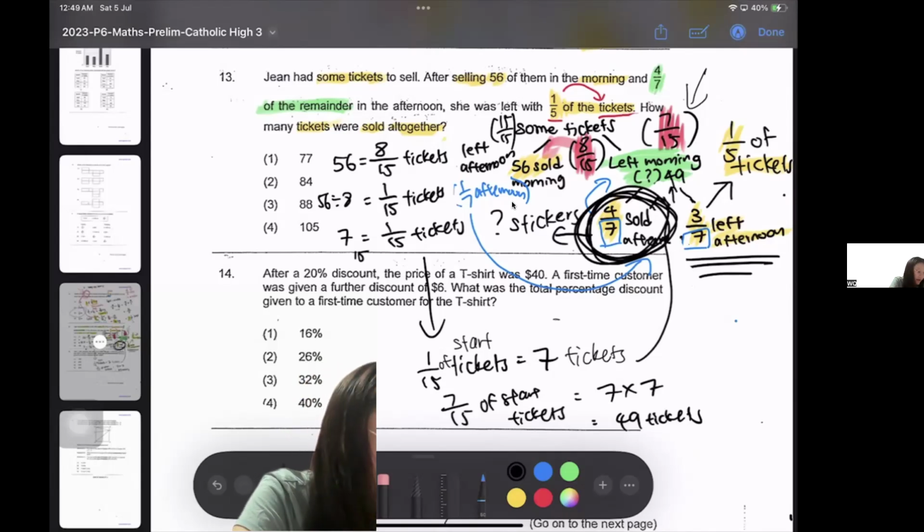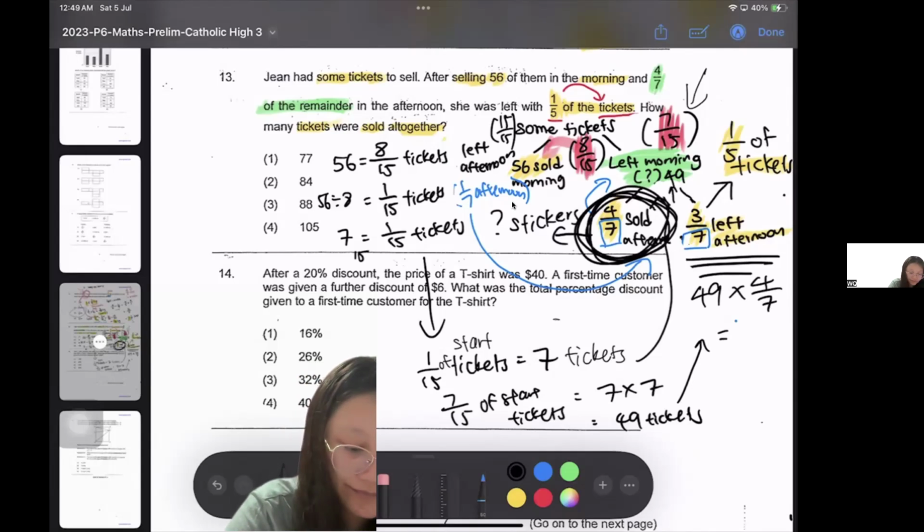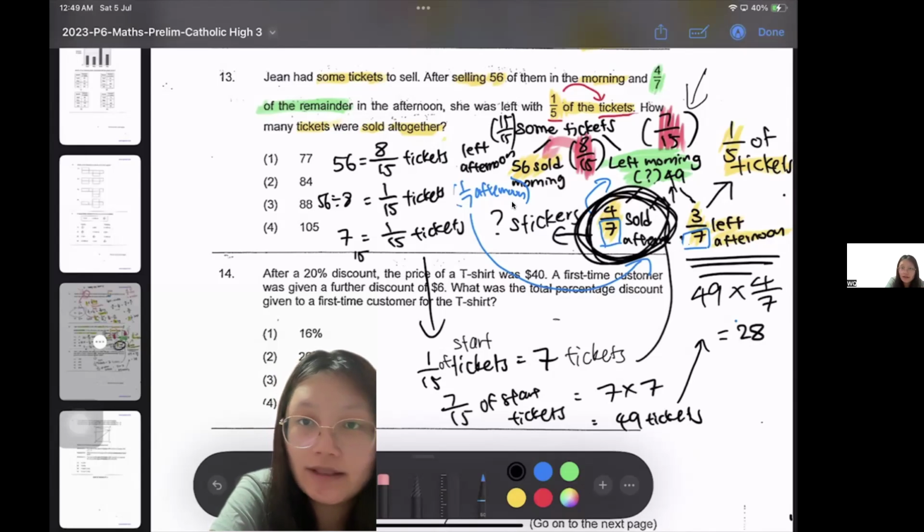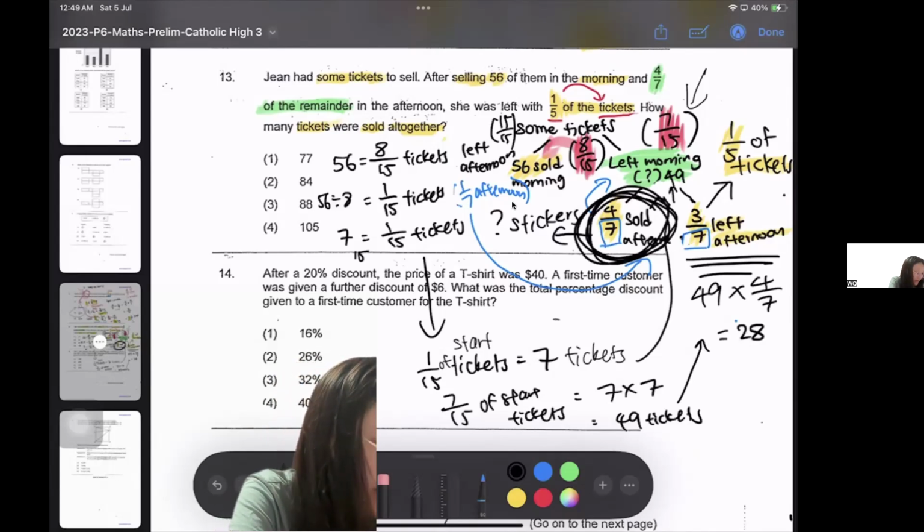So after you find out how many tickets is 4 out of 7, you can find out how many tickets he sold. So you take 49 times 4 out of 7 to find out what is 4 out of 7 of the 49, equals 28. So there is 28 sold in the afternoon, okay? So this in the afternoon is your 28.